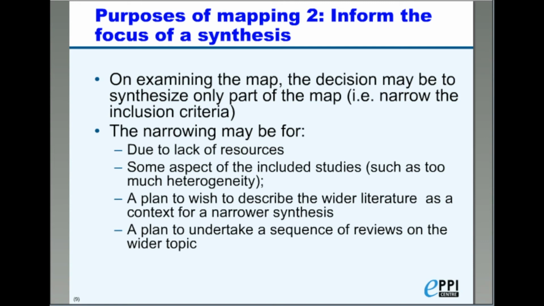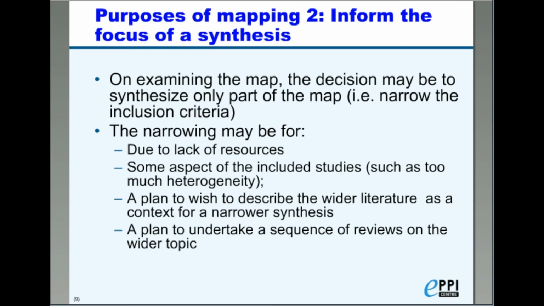The second purpose of mapping is that if you are going to carry on to do the synthesis, the map may inform how you do that synthesis. It may be that when you describe the included studies, you find that they are very numerous. They're too numerous to easily synthesize, or they're too heterogeneous to easily synthesize.